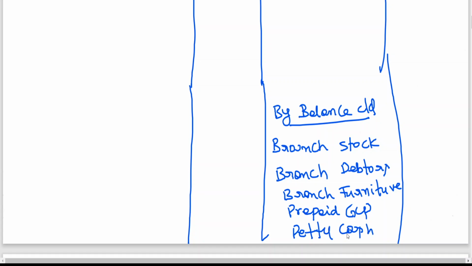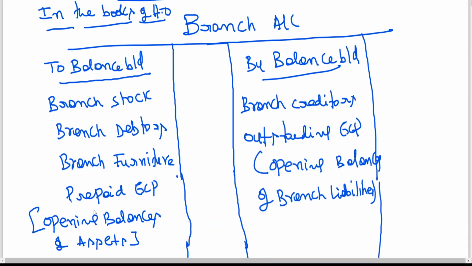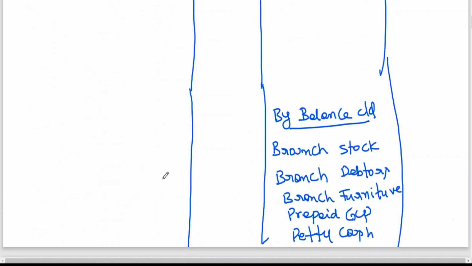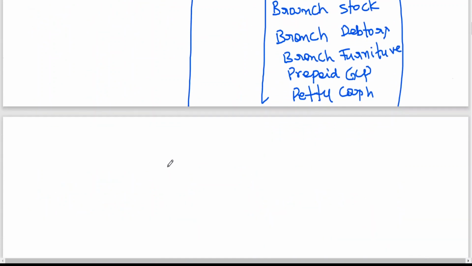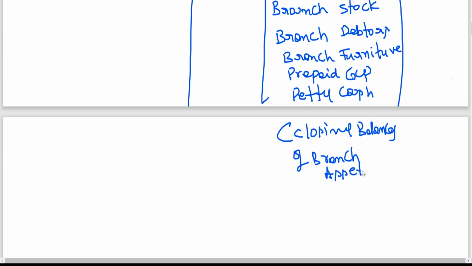Sometimes we'll be having petty cash opening, we can add one more thing, petty cash. Okay, we discuss that later on. So these are nothing but closing balances of branch assets. Okay.